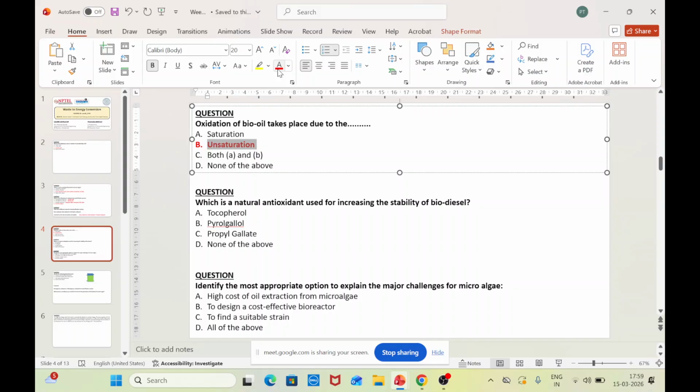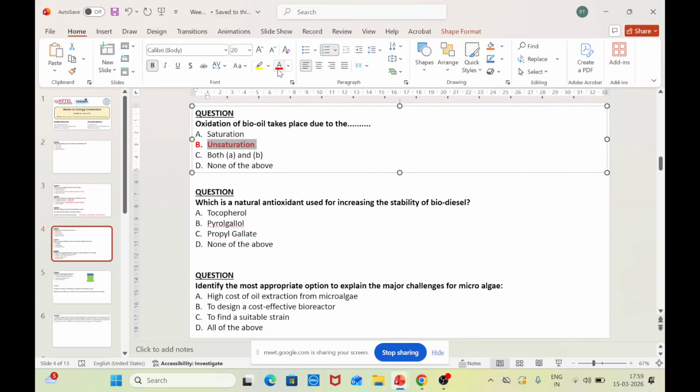Next question, which of the following is a natural antioxidant used for increasing the stability of the biodiesel? So remember the word natural antioxidant.